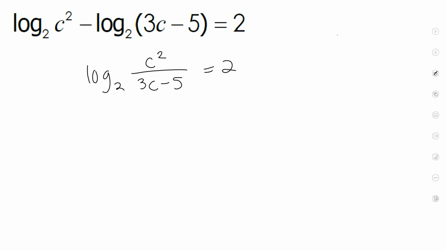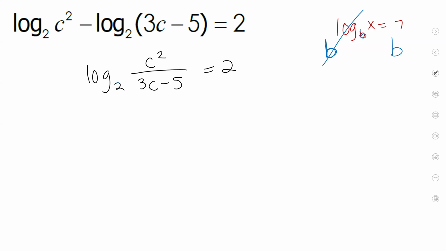Now, whenever you have a log with the base of 2 equaling anything, I'll just say 7, what you're going to do here is make the base what you're raising it to. So this will cancel out. What is our base here?